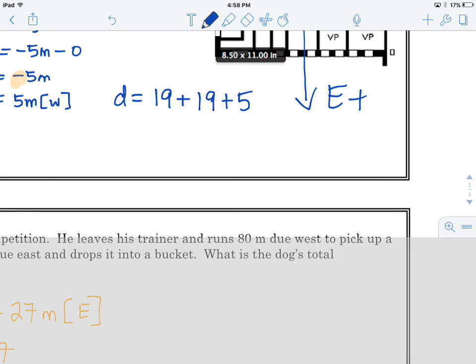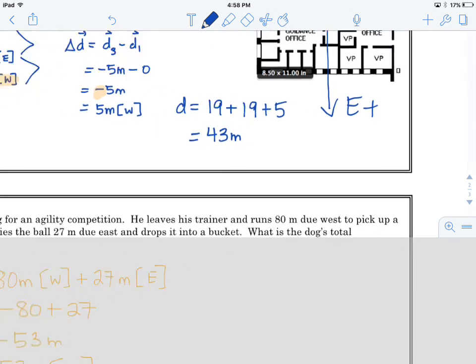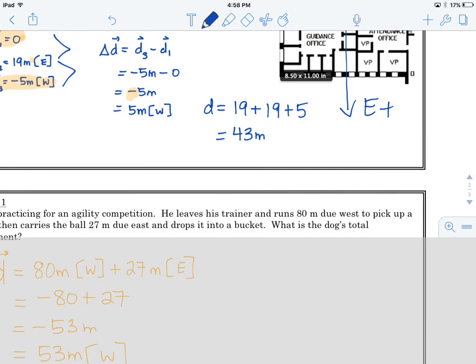And so if you do this calculation, 38, 43. And so that's the total distance we walked, even though our displacement was only 5 meters west. And so you'll see that these two numbers don't agree, and they shouldn't.